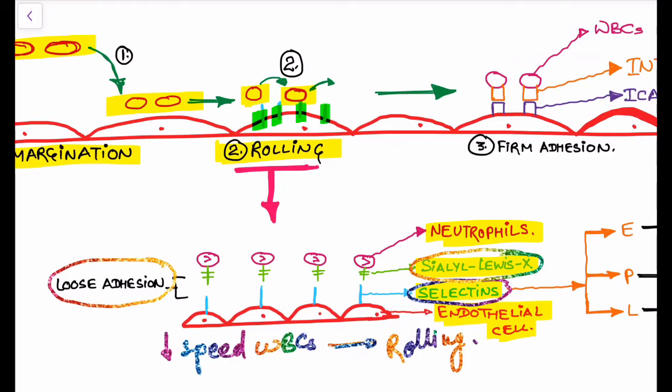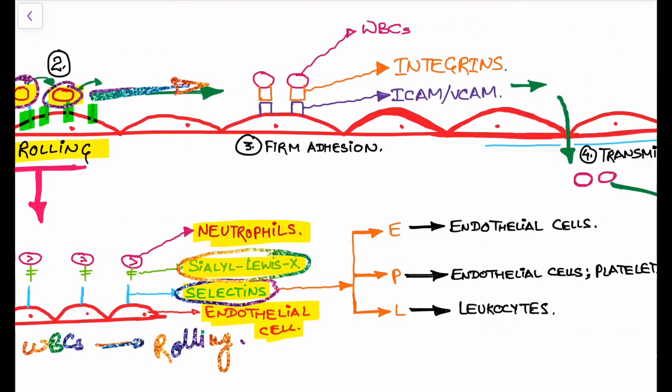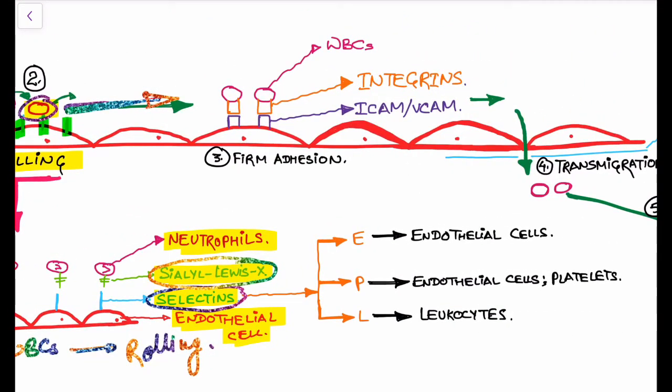After that, this WBC will go further and lead to firm adhesion, and this is the interaction between the integrins and ICAM and VCAM.